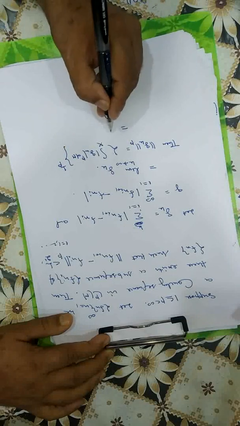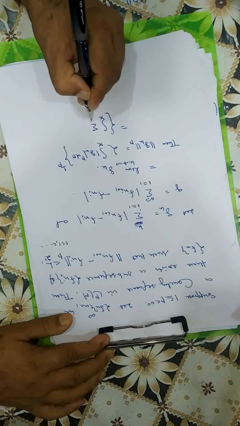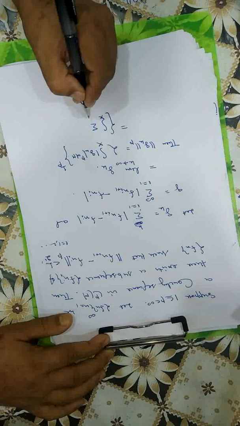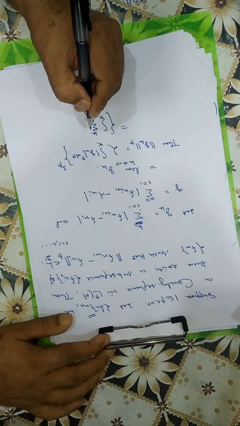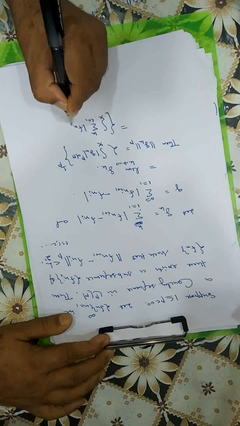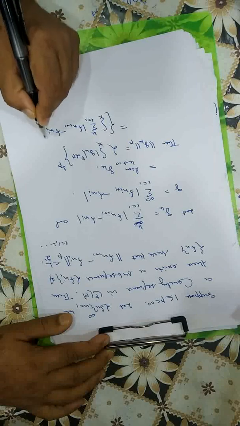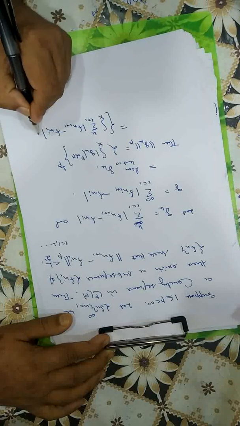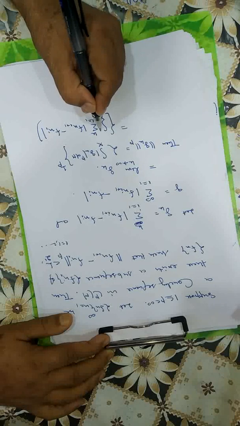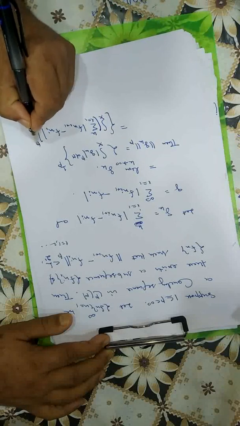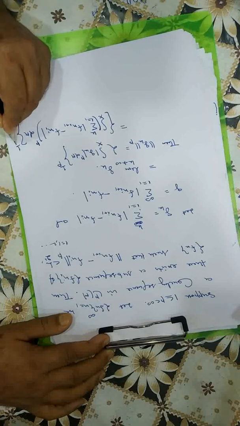Putting in the value of g_k, we get the integral over X of the summation from i equal to 1 to k of modulus of f_{n_{i+1}} minus f_{n_i}, power p, d mu, power 1 by p.